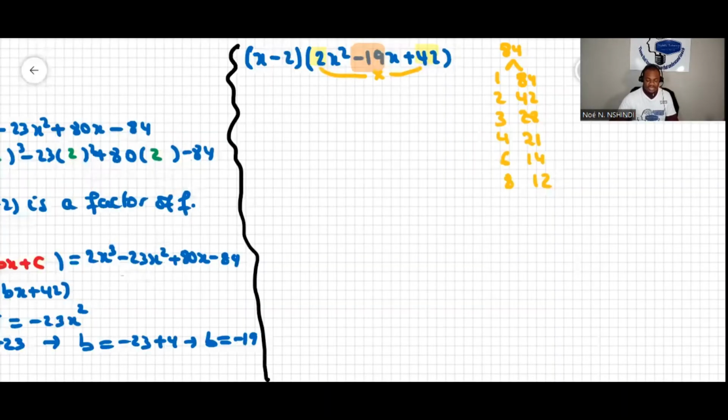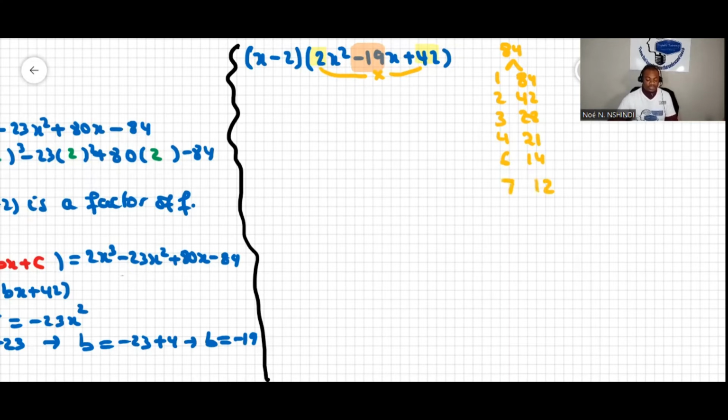I have missed one, so I can't find it. Not 8 and 12, rather 7 and 12. Yes, it was 7 and 12.